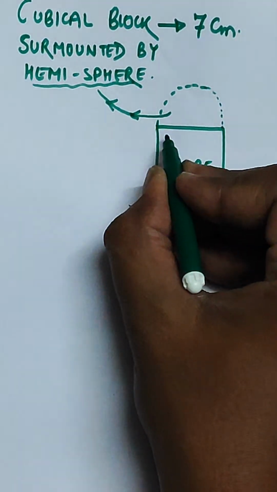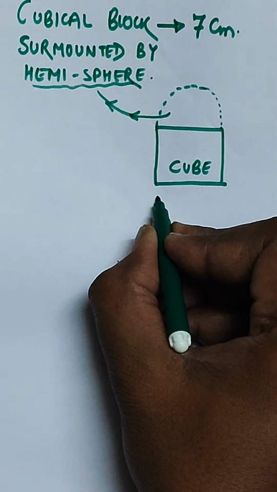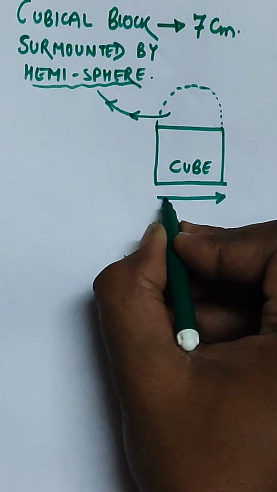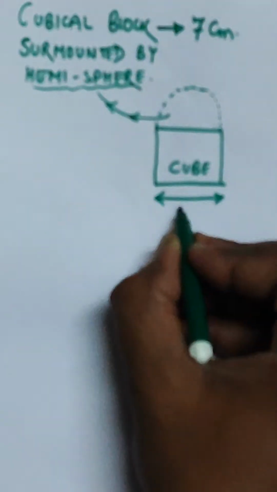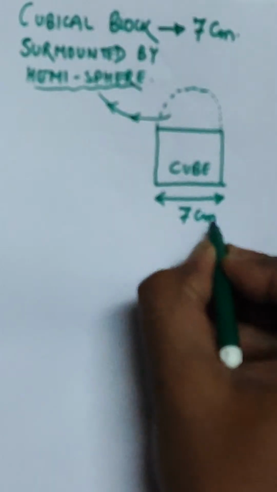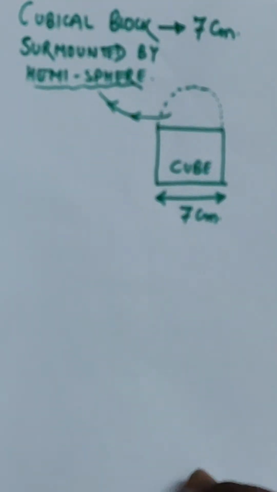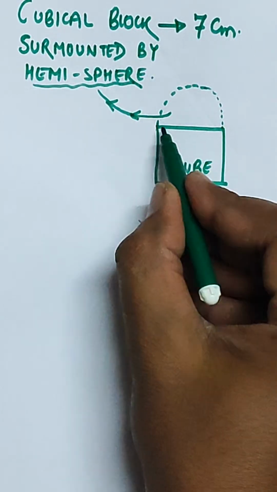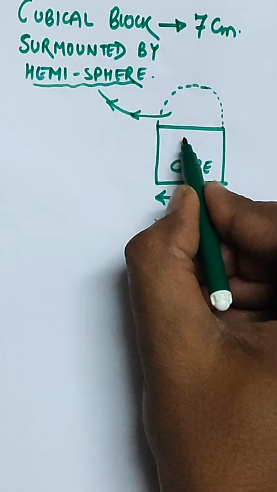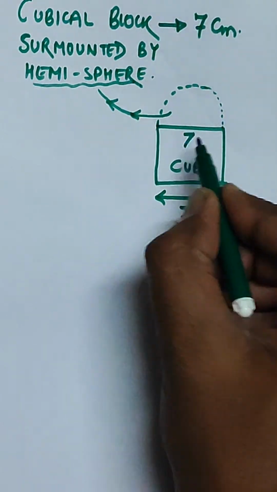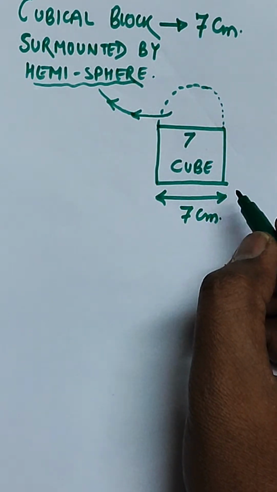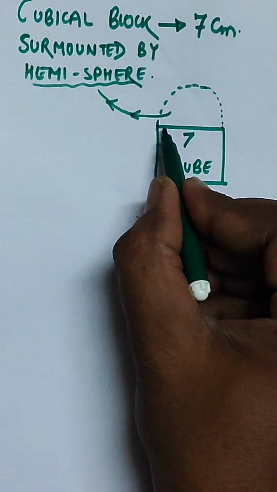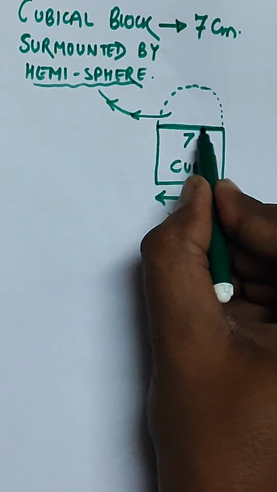My dear friends, if this is a cube, then definitely what will be the edge? It's given to you, 7 centimeter. So the first part of the question is, what is the greatest diameter of the hemisphere that can be there? If all the sides of a cube are 7, what is the greatest diameter? You can see this is the maximum diameter which is possible.